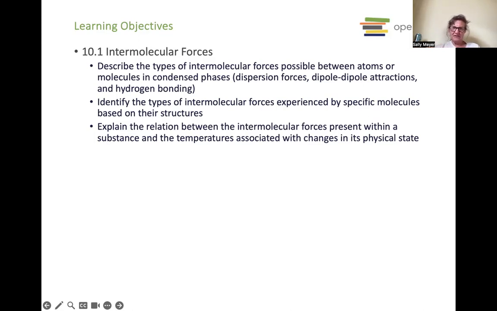Then we'll explain the relation between intermolecular forces present within a substance and the temperature associated with changes in its physical state. So why is it, for example, that ethanol boils at a much lower temperature than water does? Things like that will be traced back to the forces in between molecules, therefore to the structures of molecules.